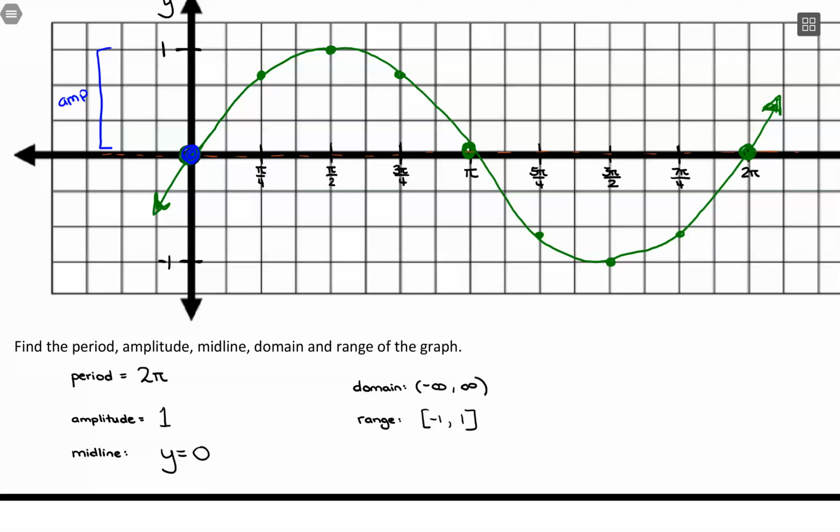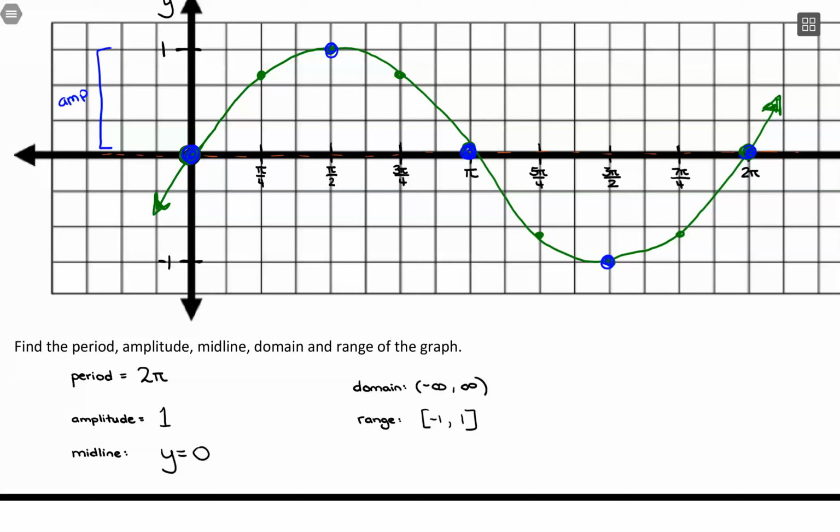We're going to talk about moving around the midline though. You can see that our beginning and end point are both crossing through the midline. And then there's this really nice symmetry that occurs. Halfway between those two values, we're crossing the midline. And halfway between those two values, we have our maximum and our minimum.